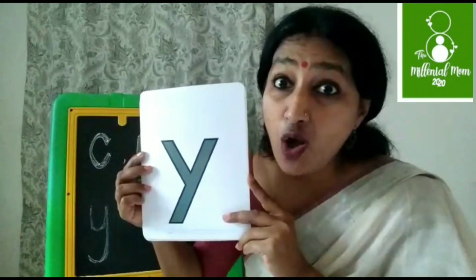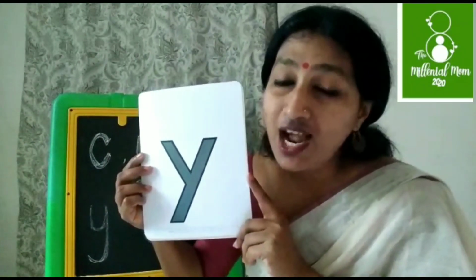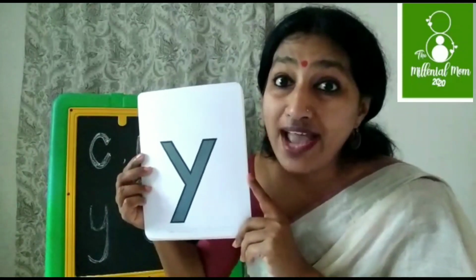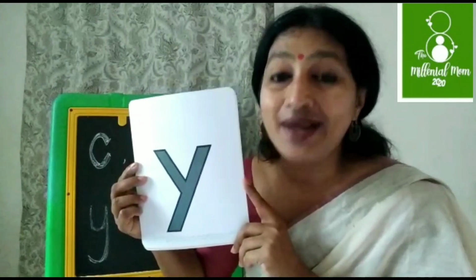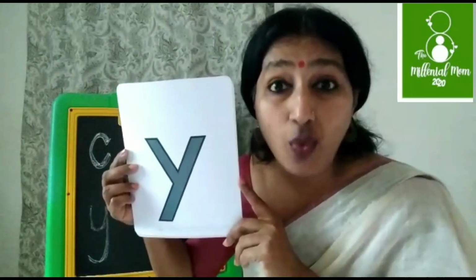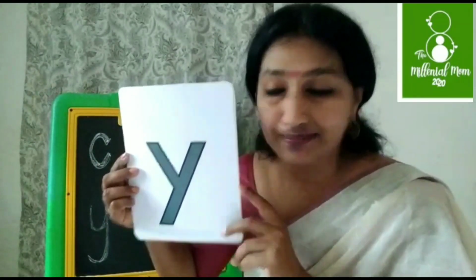We know the trick, right? Y for yellow, Y for yo-yo, Y for yacht, Y for yak. So the sound of Y is y.